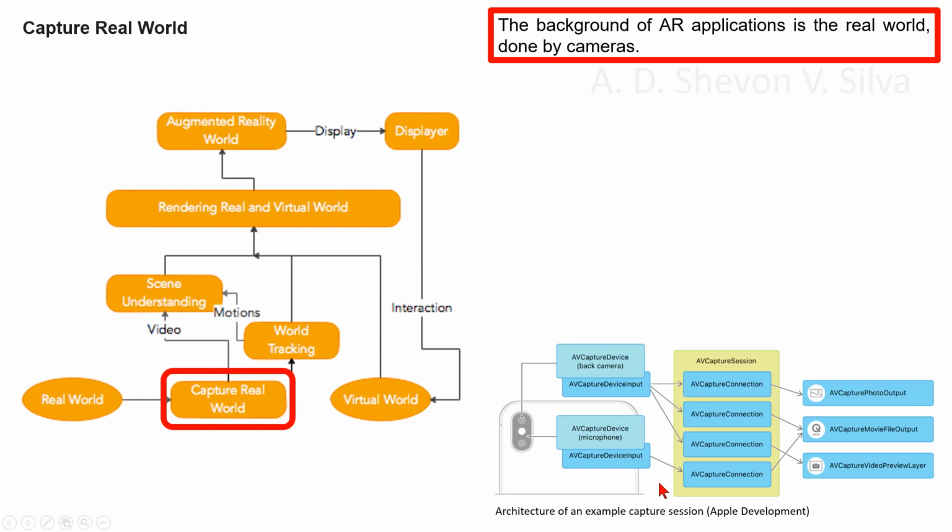To capture both photos and movies from the same camera, add both AV capture photo output and AV capture movie file output to your session.